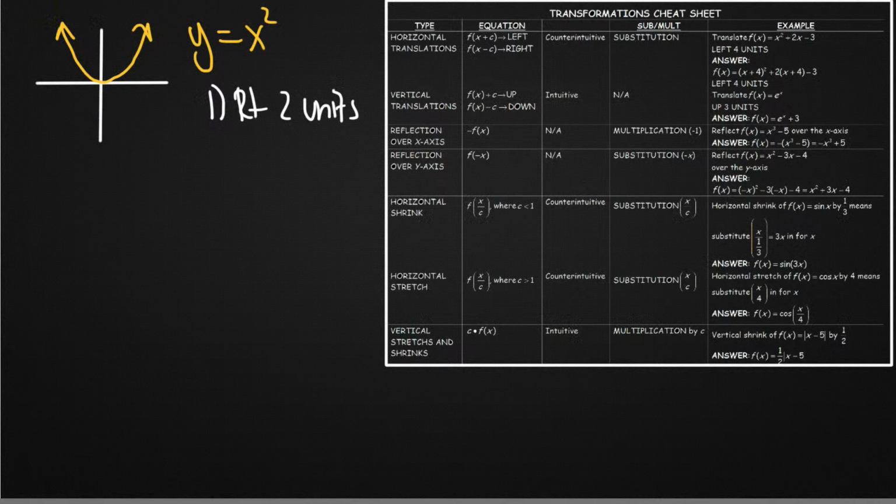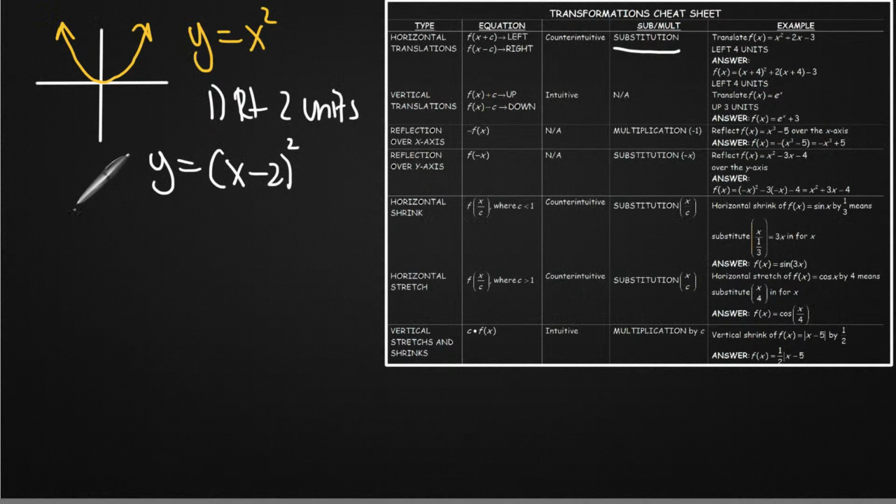Then if we go to our little cheat sheet, shifting right and left means I need to substitute. There it is right there. You have to substitute in place of this x an x minus however many units you want to shift it. So it's going to be y equals parentheses, because every time we substitute, we use parentheses, x minus 2 squared.